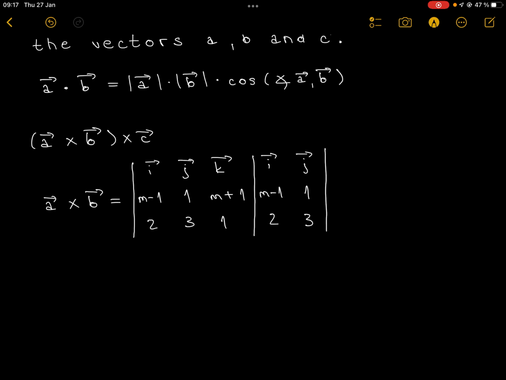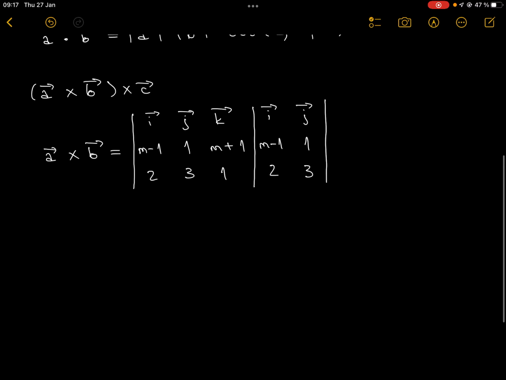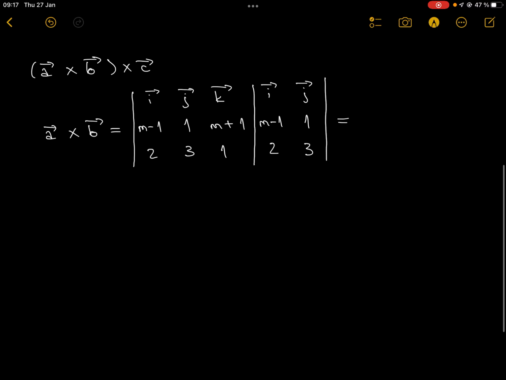So we just rewrite the first two columns, and then we cross multiply. Okay, so here we have the first cross multiplication, second cross multiplication, third, and then we go in the opposite direction.